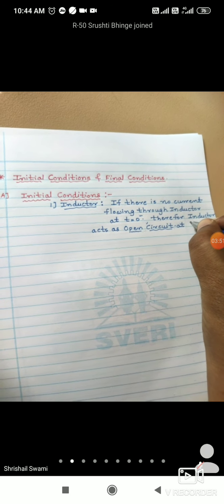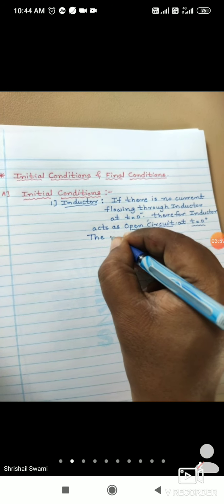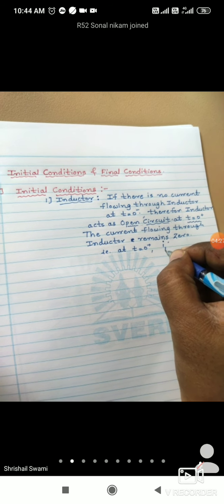So if that is open, then open at t equal to 0 plus also means that at t equal to 0 plus, the current flowing through the inductor remains zero.